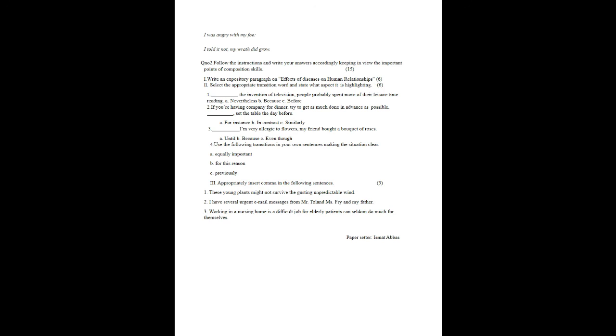Fourth part, use the following transitions in your sentences, make the situation clear. And next question is appropriately insert commas in the following sentences. 3 sentences are given there, you have to insert commas in the right place.